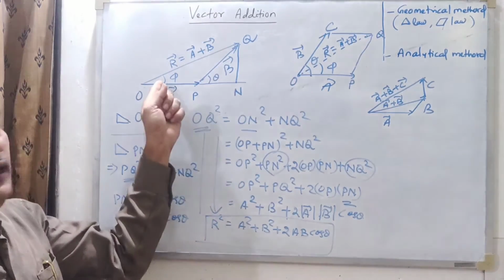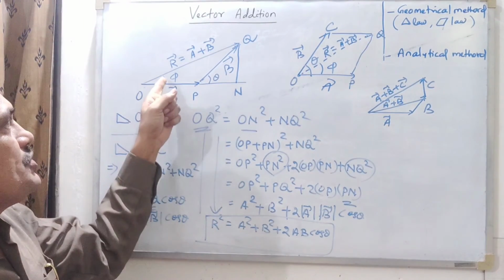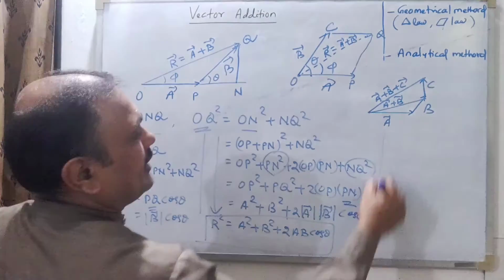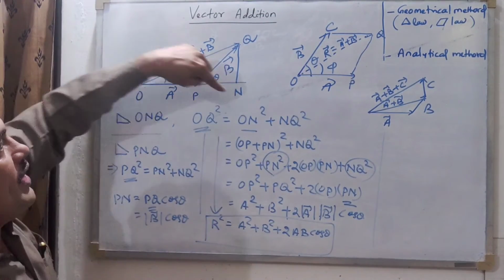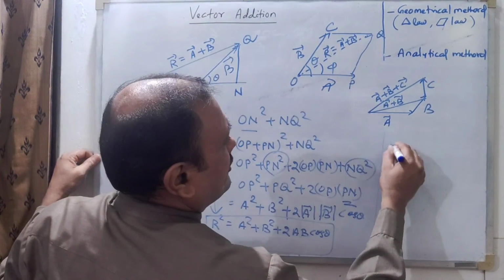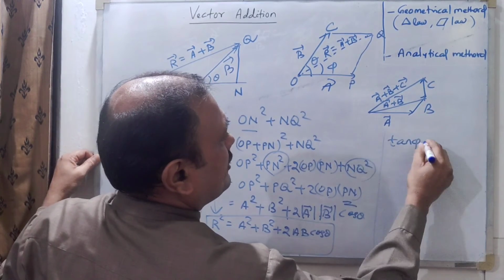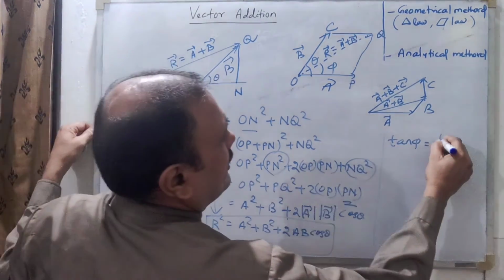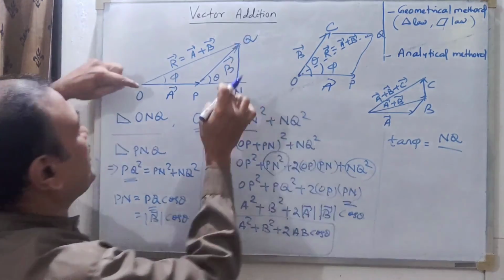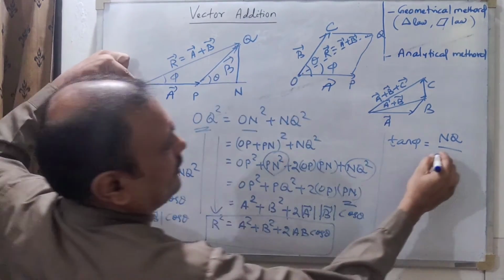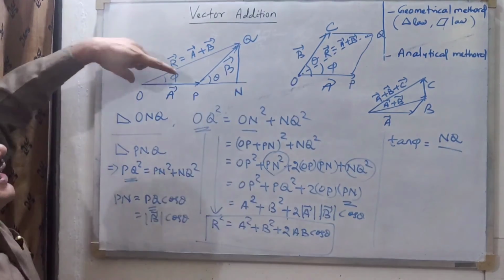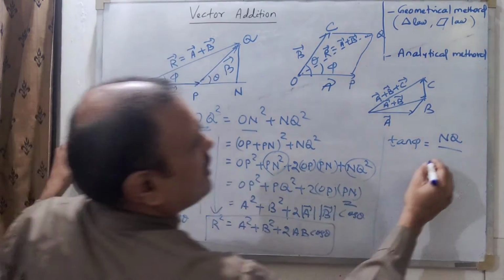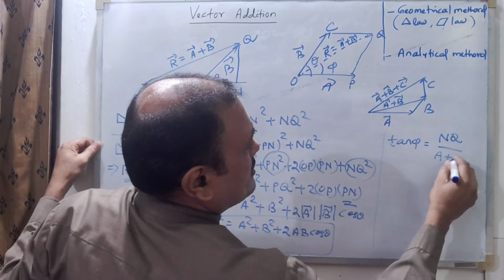Now coming to the angle of the resultant vector, which is equal to phi. How to find it? If you select the ONQ triangle, then what is tan phi? Tan phi is nothing but NQ divided by ON, and in place of ON I can write A vector plus PN, so therefore A plus PN.